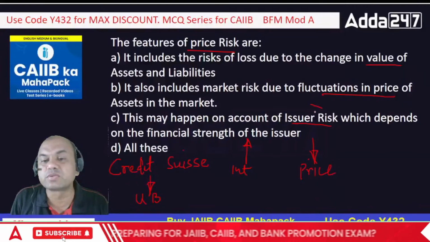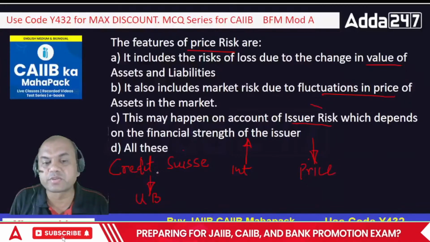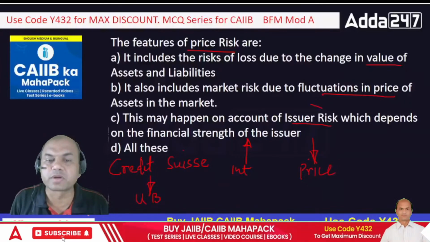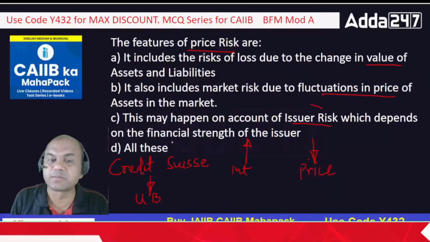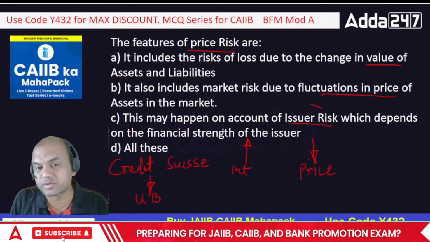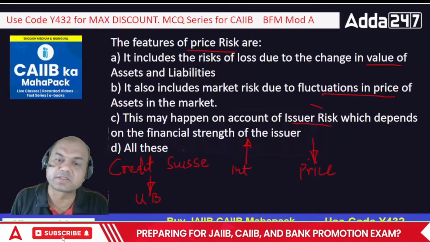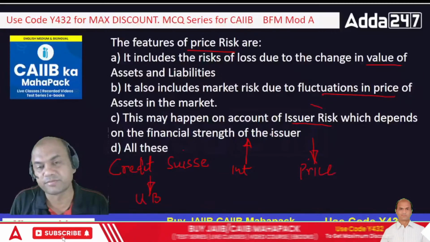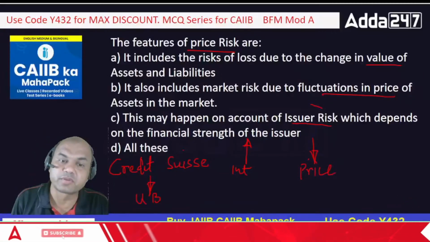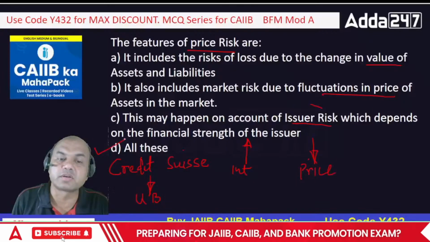So this was an issuer risk. Credit Suisse faced the problem, so immediately UBS took it. So this may happen on account of issuer risk, which depends on the financial strength of that issuer. Credit Suisse didn't have that much financial strength, it had huge leverage. So that's why it went down. So the correct answer is what? All of these.